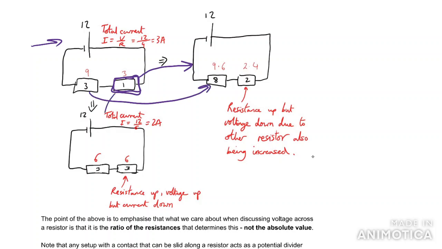Whereas in this diagram, we've increased the resistance of this one, and it's increased the voltage. The point is that the resultant voltage always depends on a ratio, the ratio of the resistance to the total resistance, not just on the resistance of the object itself.